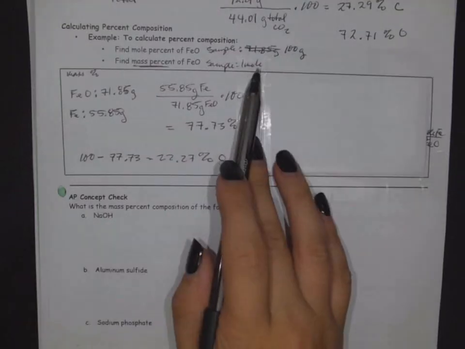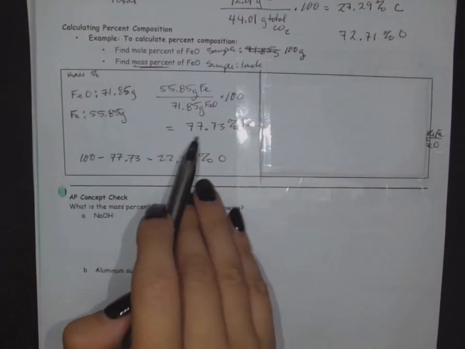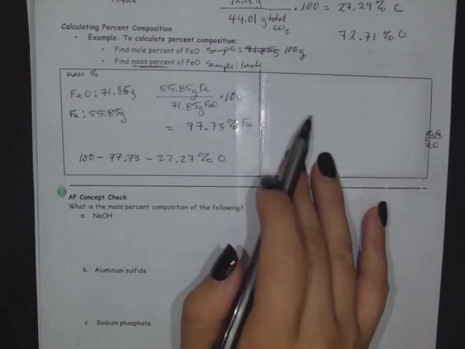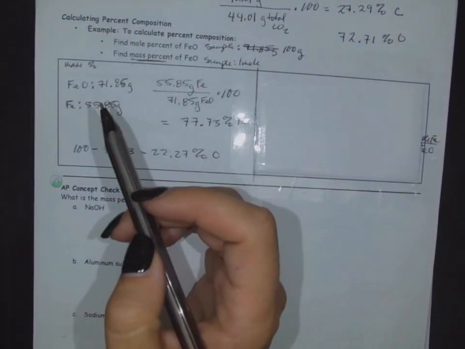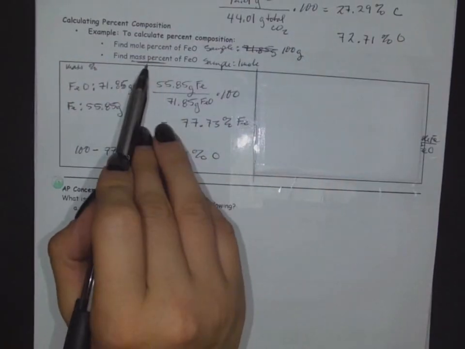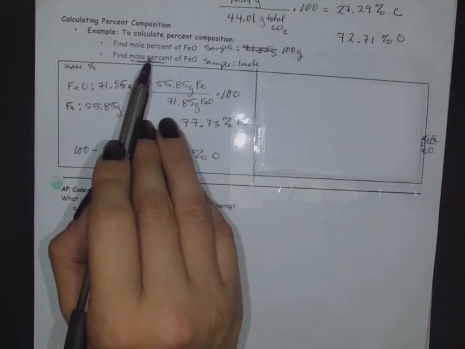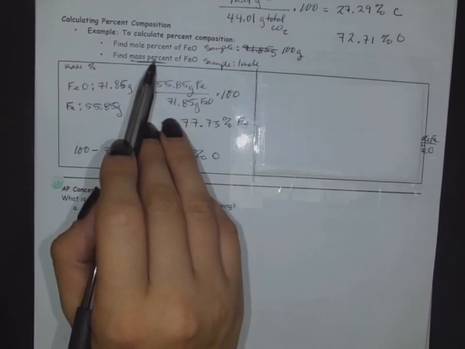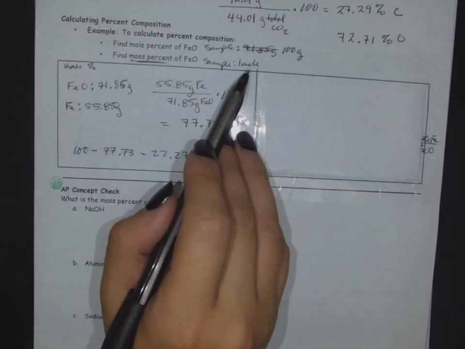So I cut this box in half. Over here is going to be mass percent, and over here is going to be mole percent. With mass percent, my convenient sample is, since they didn't give you a percentage and you are solving for a mass percentage, 1 mole.